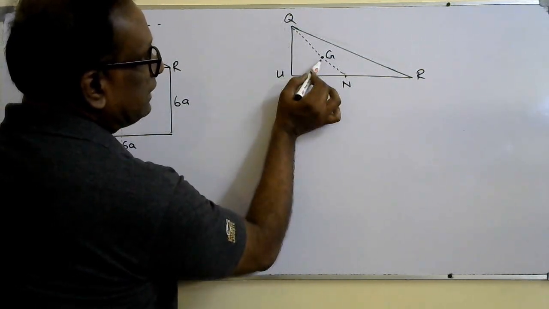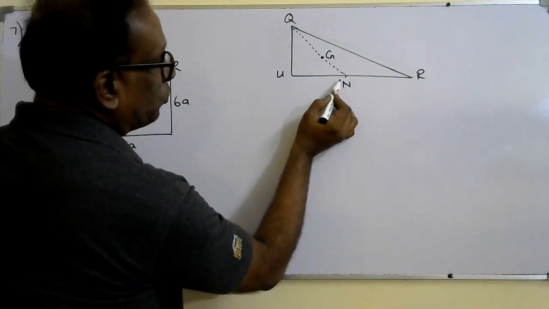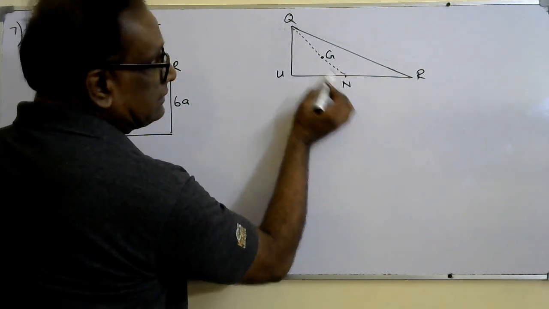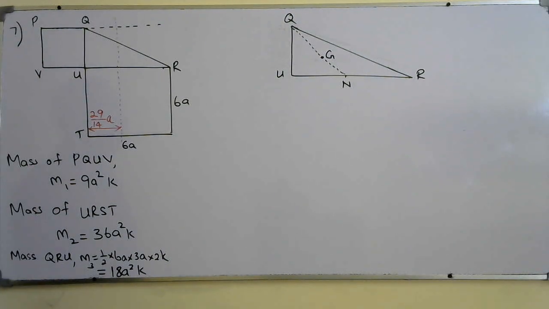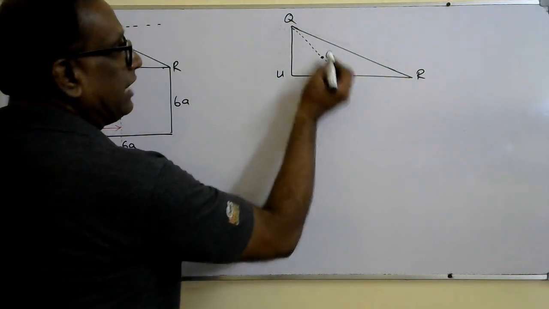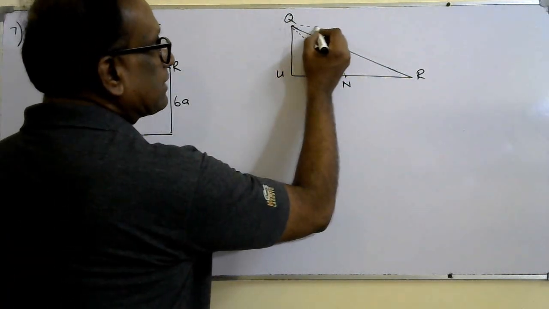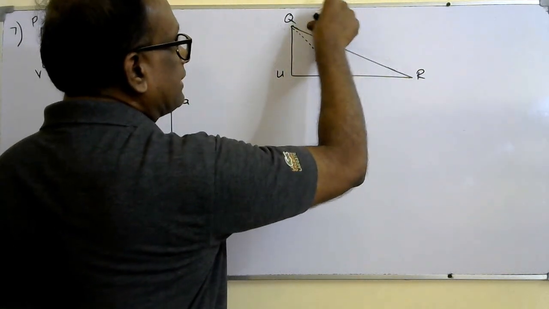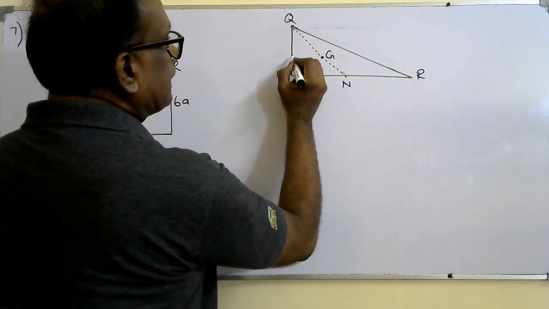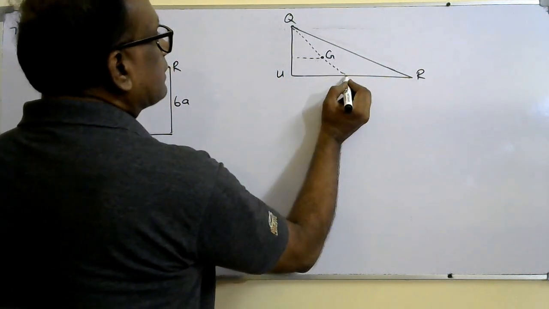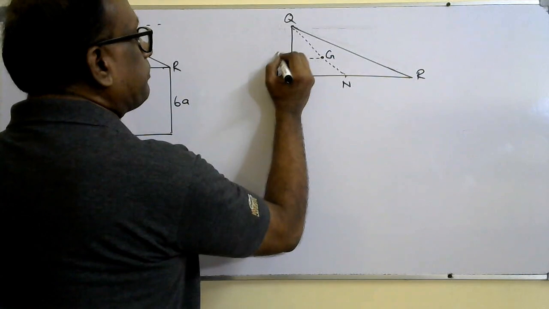QG is 2/3 of QN, or GN is 1/3 of QN. Okay, so I need to find the distance of G from this line, that means from Q this way. Imagine a triangle like this: this is G, this is N, let this be P.